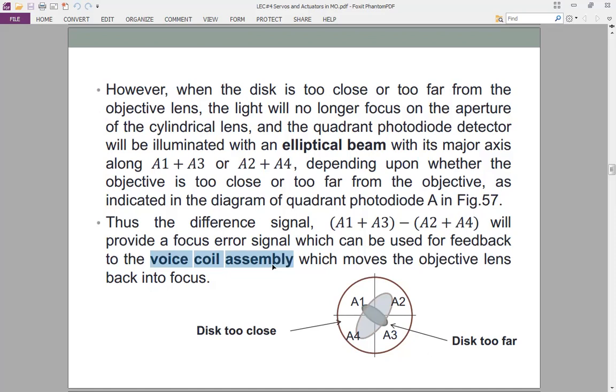And then we have a coil at the center, a coil that is wound on the center magnet. In that coil, if current passes through the coil, the interaction between the magnetic field lines and the current will bring in a force, which is governed by Fleming's left-hand rule. That force can either be outward or inward depending on the direction of the current.